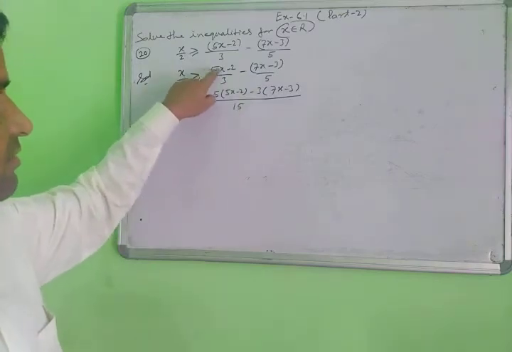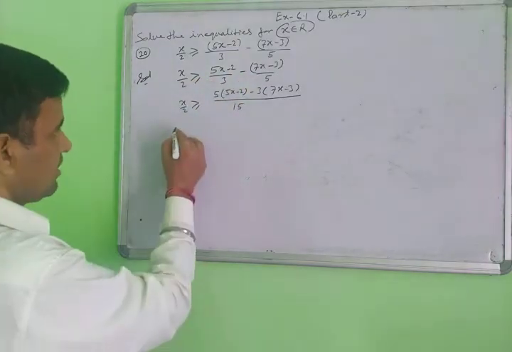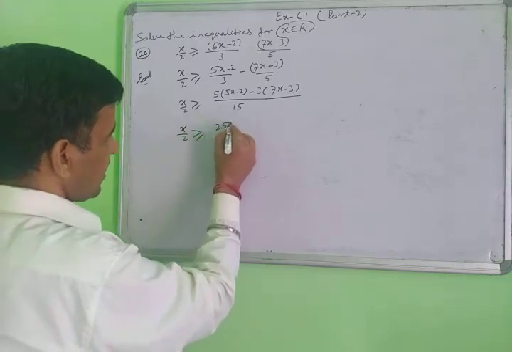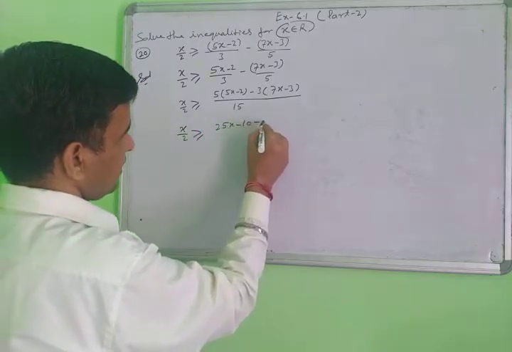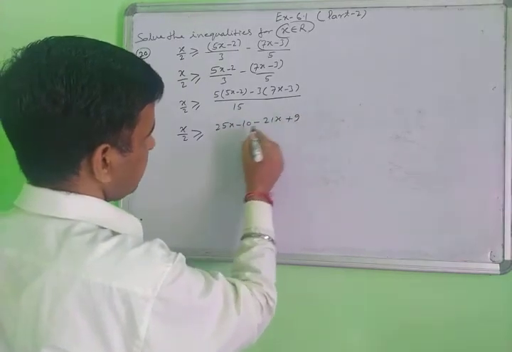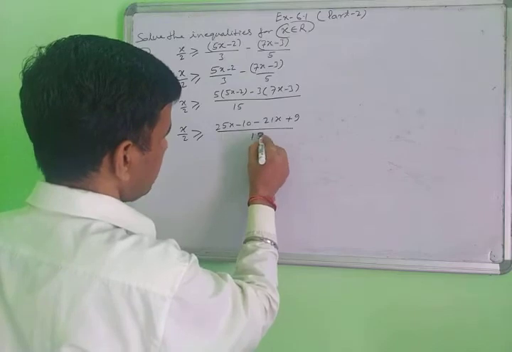Here multiply by 5, and here multiply by 3. Then multiply: x upon 2 greater than or equal to 25x minus 10 minus 21x plus 9, upon 15.